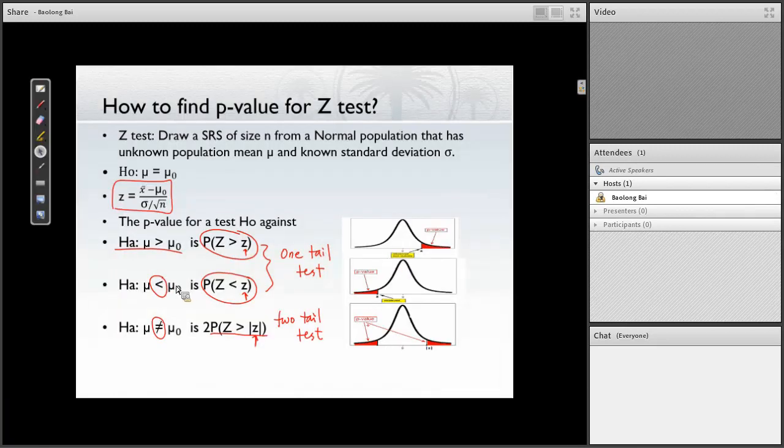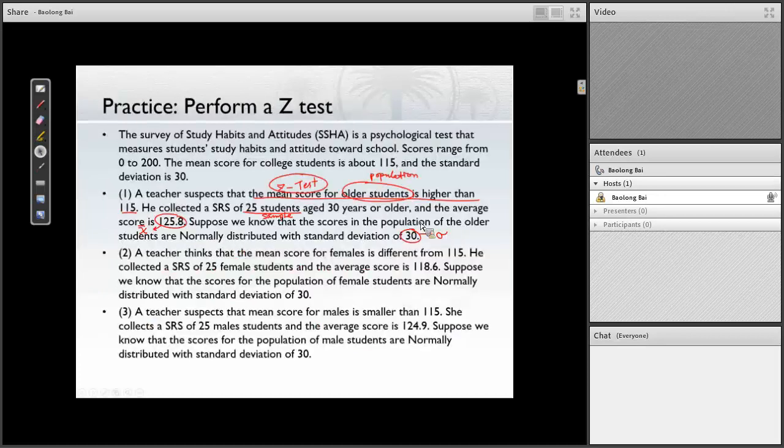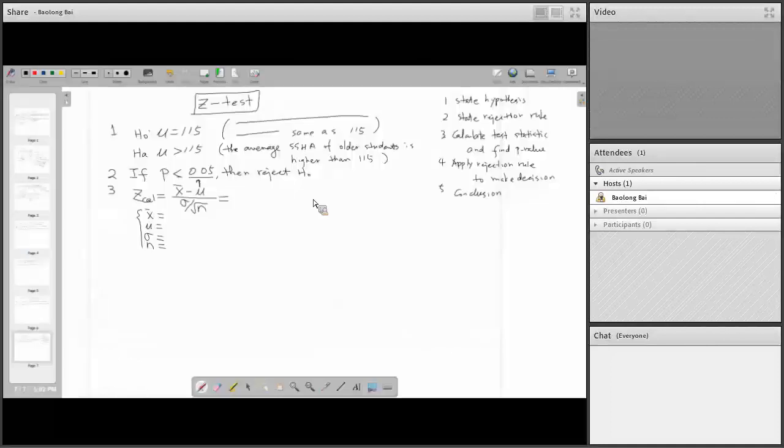We know what the sigma is. Sigma is 30, right? X bar is 125.8, and n is 25, right? Sample size n is 25, sigma is 30, x bar is 125.8. So these are what we got from the question. And now we also need to find what mu is, right? So what is mu? How do I find mu?